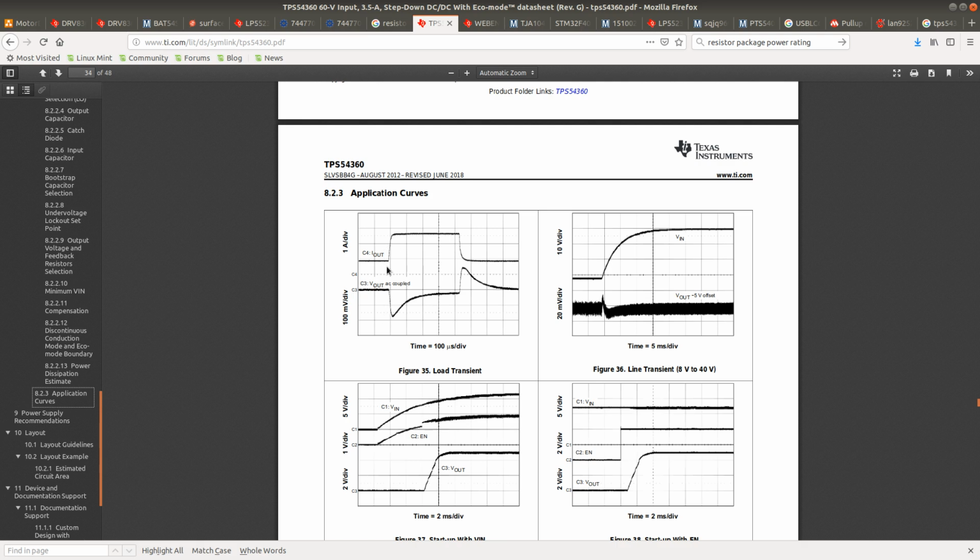This is what happens when the load changes.